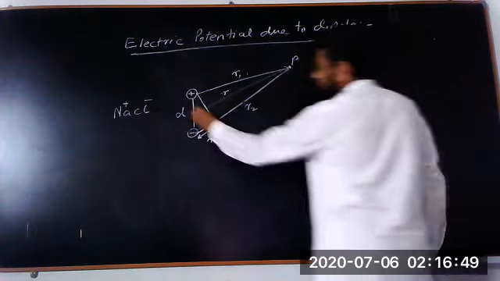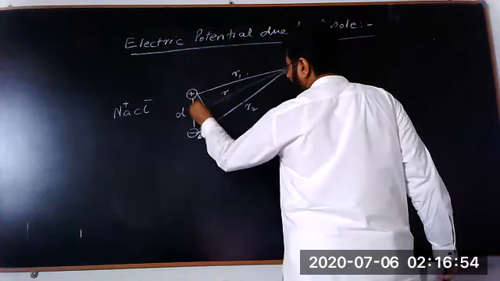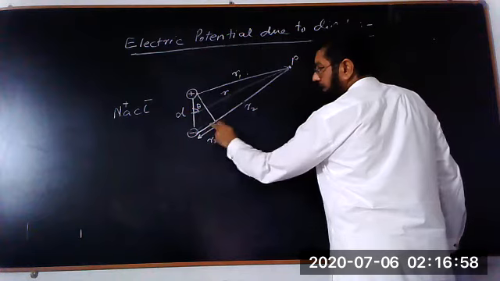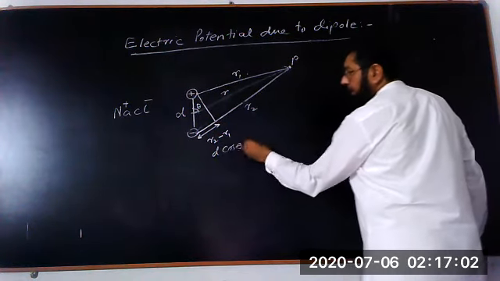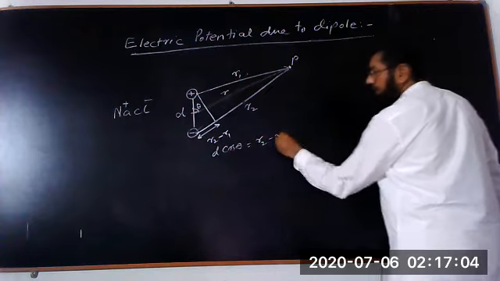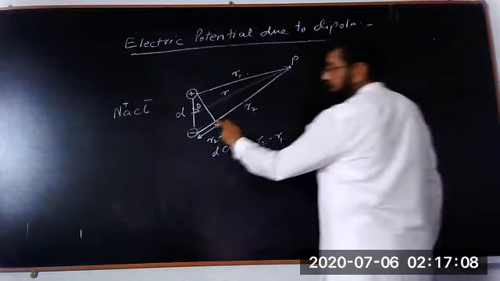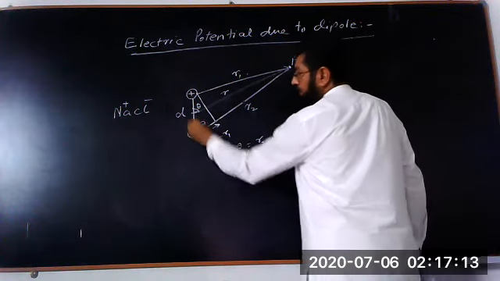If we say that this is the angle theta, then d cos theta is equal to R2 minus R1. This is the horizontal component, and this gives you the triangle.